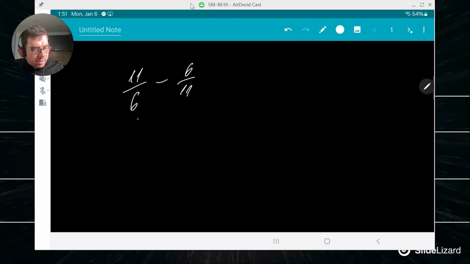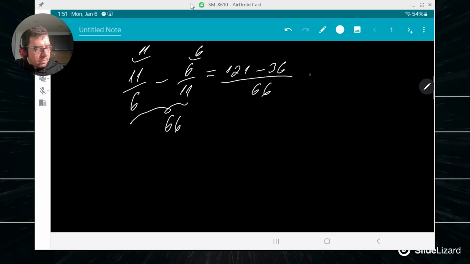The common denominator is 66. I expand the first fraction by 11 and the second fraction by 6. So I multiply 11 times 11, 121, minus 6 times 6 is 36 over 66. I perform the difference. 121 minus 36. This is what? 85 over 66.